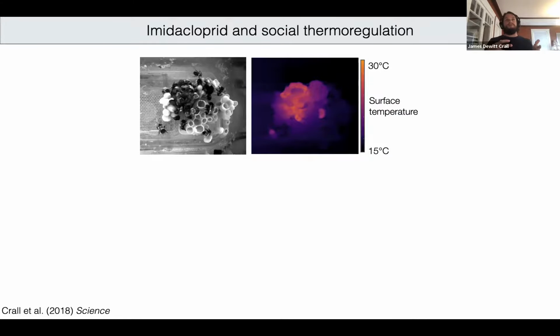We think this is important for their ability to colonize these cold, challenging environments, and also to emerge early in spring and allow larval growth to happen efficiently, even in these challenging temperature environments. So this is, again, the tracking camera, and on the right, a thermal camera view of a colony experiencing a cold stress, and so you can see them clustering around the developing brood and generating heat.